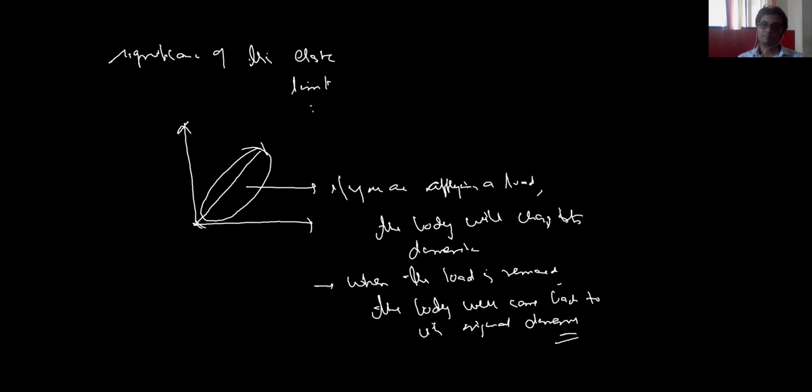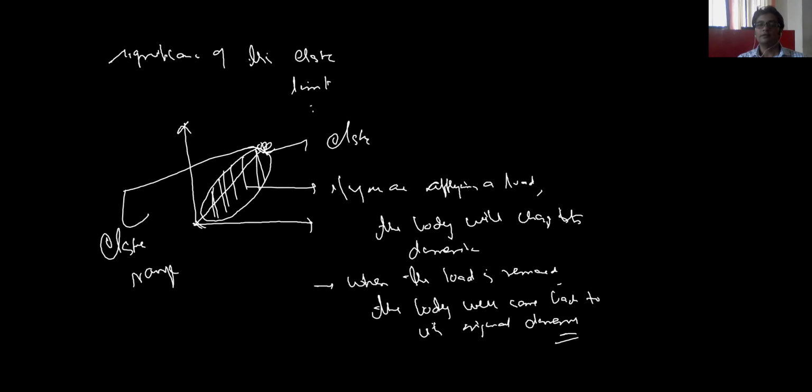But it happens in this range only. Hence this range is known as the elastic range, and this utmost point is known as the elastic limit. So in this range, if you remove the load, the body will come back to its original dimension.